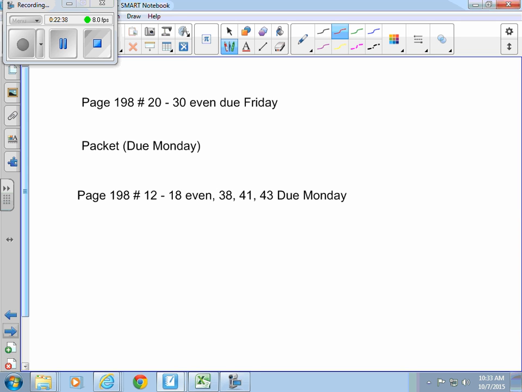It will be due on Monday, and then that page 198 will also be due on Monday. The only one of these things you could do yet is the 20 through 30 even, and it's critical points and maximums and minimums. So you can start working on it. Nothing's due tomorrow. Tomorrow I will teach all day, and then Friday you will have a work day.